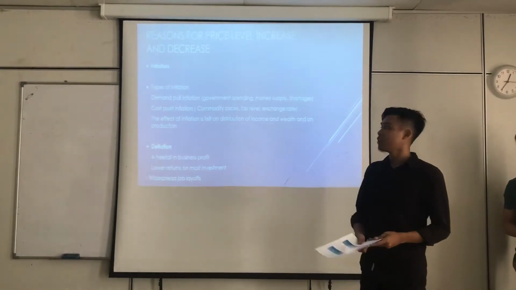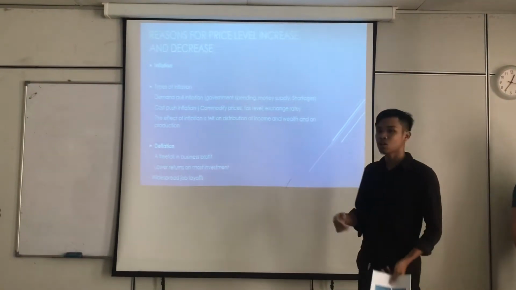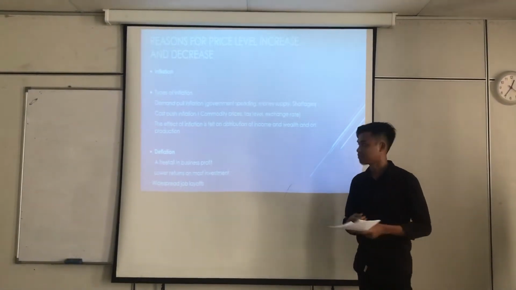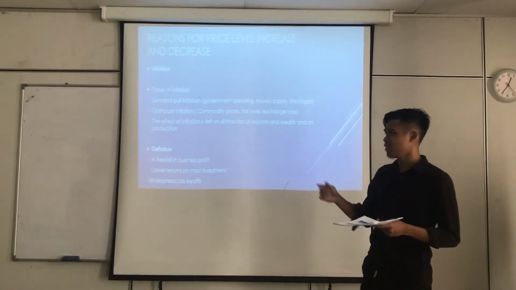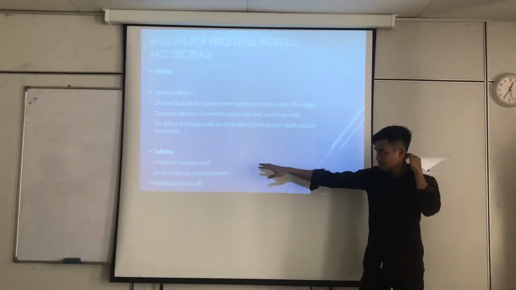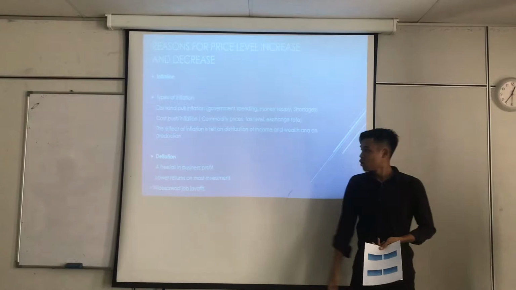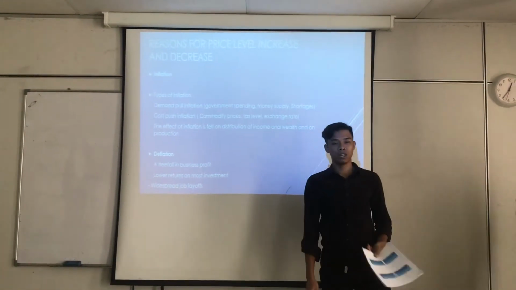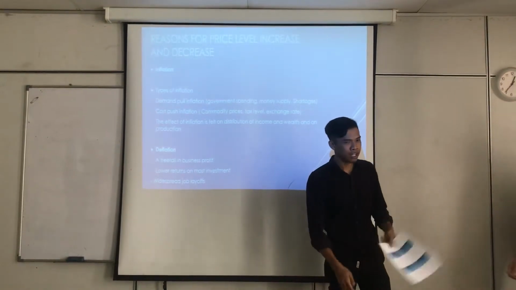So the effect of the inflation is to fall on distribution of income and wealth and on production. So for the deflation, they have three main points: a free fall in the business profit, lower returns on the most investment, widespread job layoff. Okay, that's all from me.